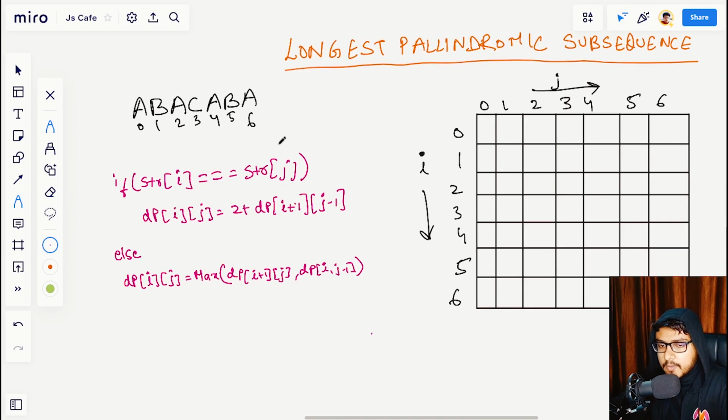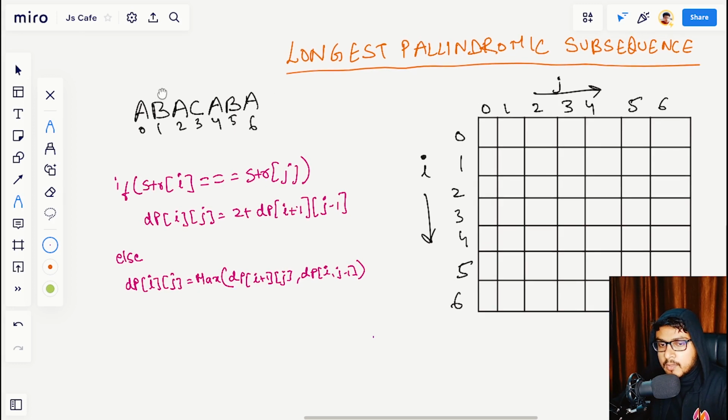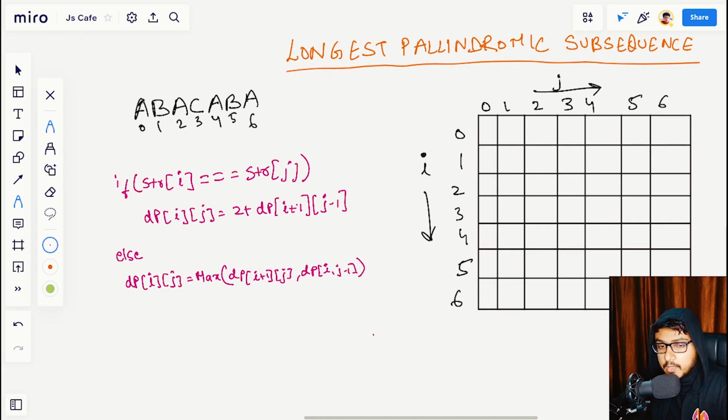So a subsequence is basically a string where we can skip one or more characters. For example, an example of a subsequence would be ABA. Notice we skipped this C. So we are allowed to skip any character, but we cannot change the order of the characters.